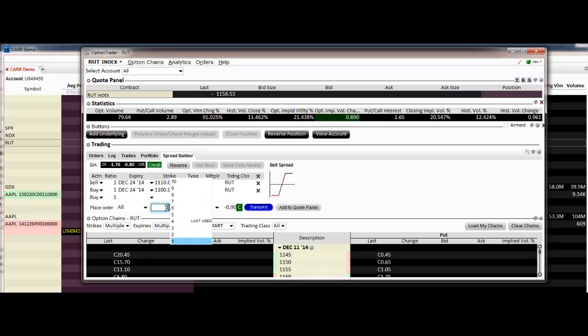If I put on, let's say, 3 spreads, I am risking $3,000 now, but I can make a maximum gain of $270. It's not updating that for me, but that's what it would be. So that's how these work. And then to get into the trade, I would simply click the transmit button and then I would be in.